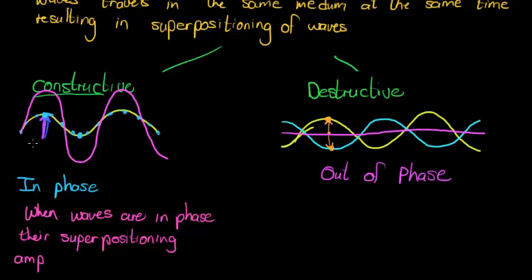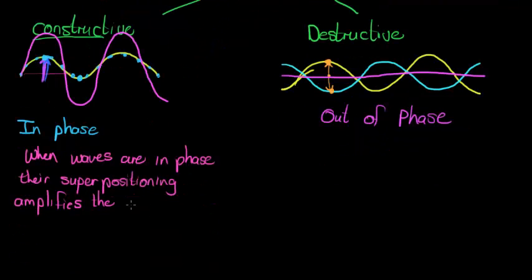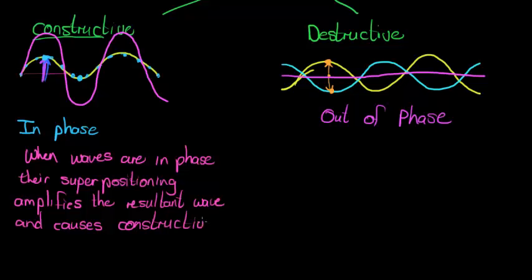Remember, we talk about amplitude is how high it goes above its starting position. So amplify means it increases that. It amplifies the resultant wave and causes constructive interference.